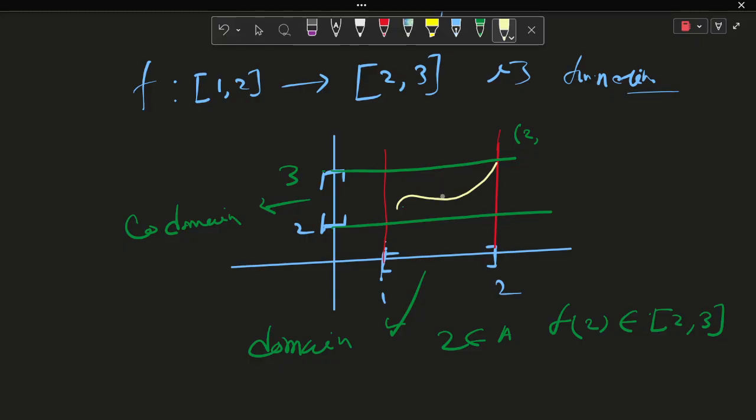And one-to-one function, that means this is the horizontal line test. Horizontal line test.